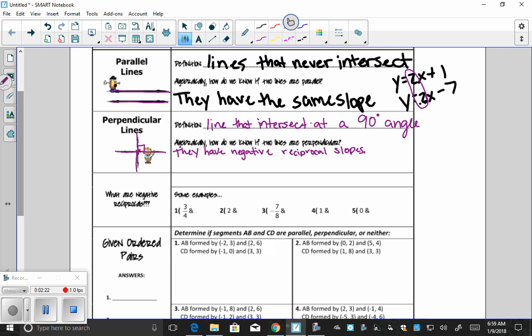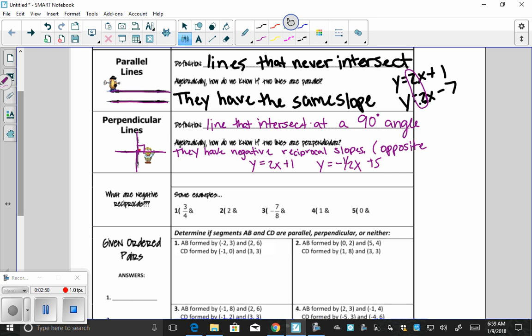In other words, the opposite slopes. So an example of this is going to be y equals 2x plus 1 and y equals negative 1/2 x plus 5.